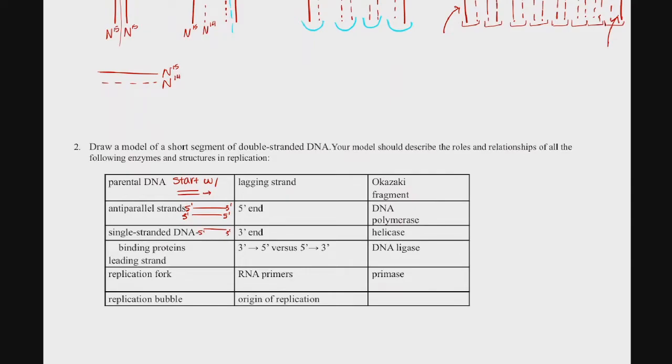Binding proteins on the leading strand help with the binding of polymerase. And the replication fork is where replication begins.